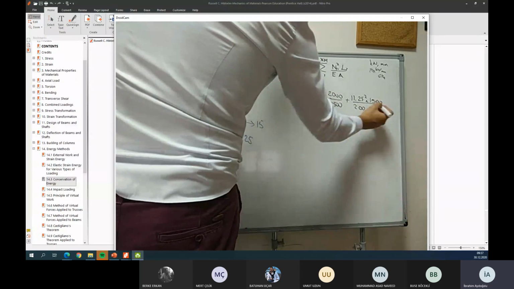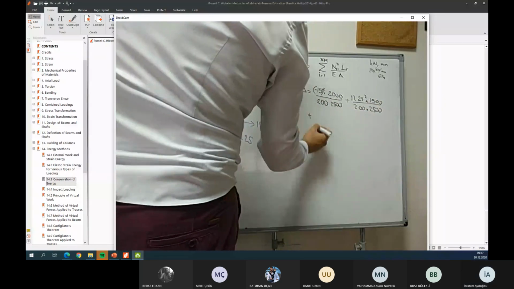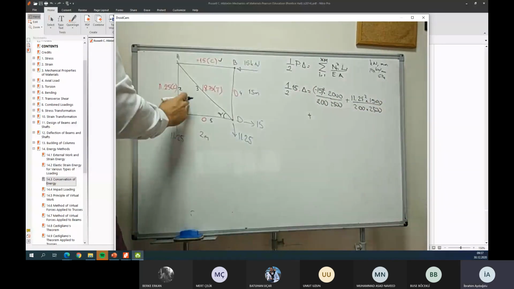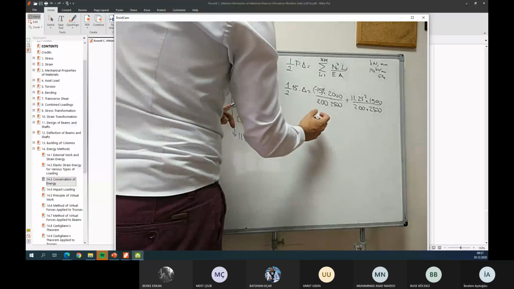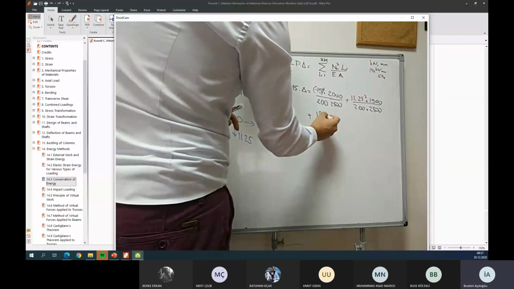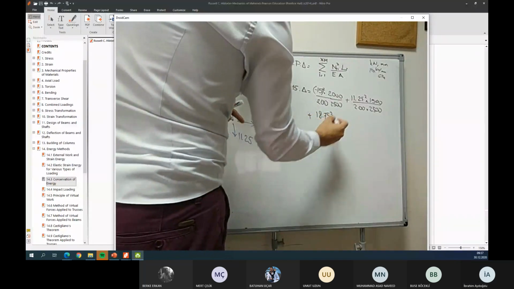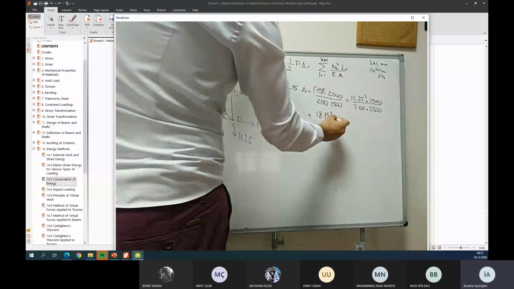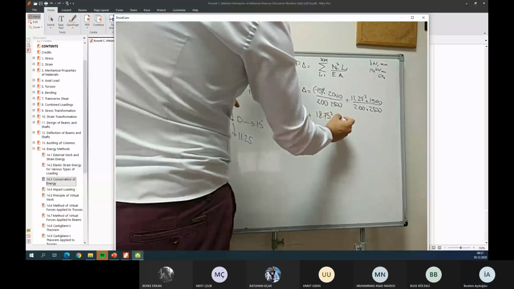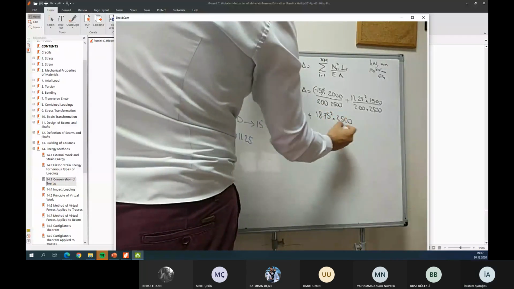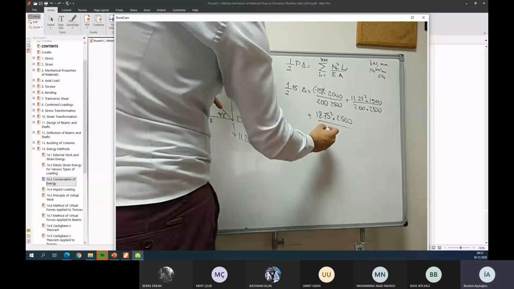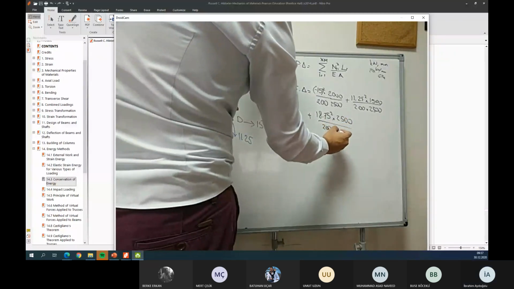And continuing here, plus, what is our third member? This one. Times length, which is 2.5. I convert this one, 300 times this one.